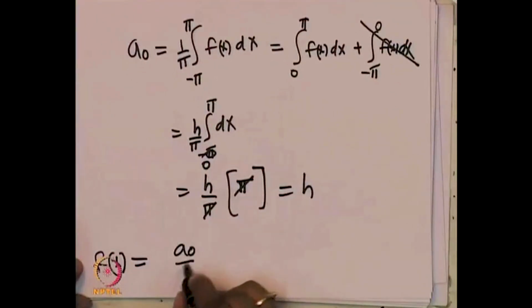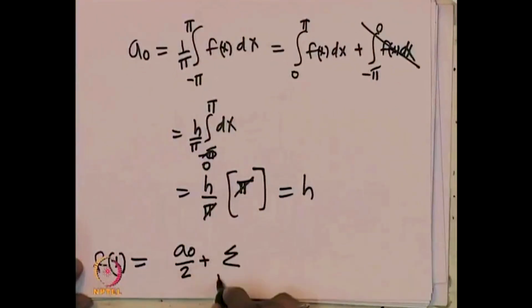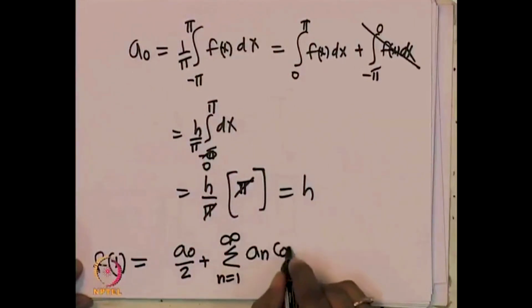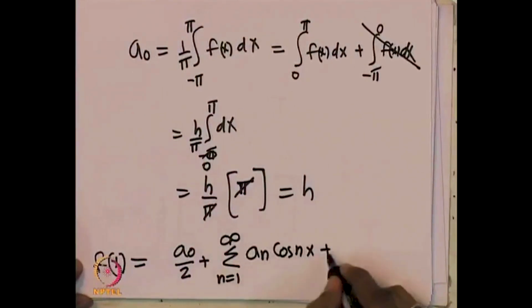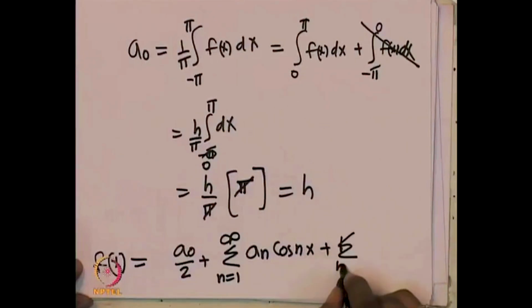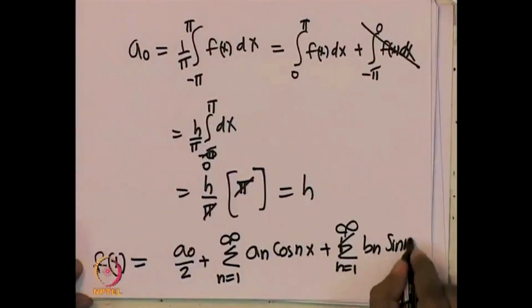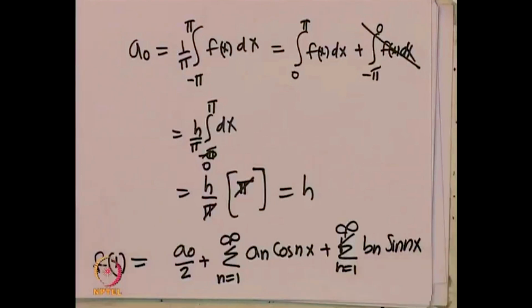f of x is a 0 by 2 plus the sum over n equal to 1 to infinity of a n cos n x plus the sum over n equal to 1 to infinity of b n sin n x. So now, what did we find? We found that a 0 is just h. So the first term was just h by 2.